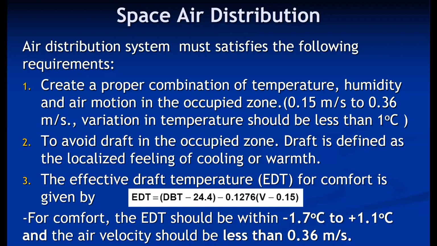The value of EDT is generally calculated for different dBT values and velocities. If it lies between minus 1.7 degrees Celsius and 1.1 degrees Celsius, it is comfortable and a good design, and the velocity should be less than 0.36 meter per second.